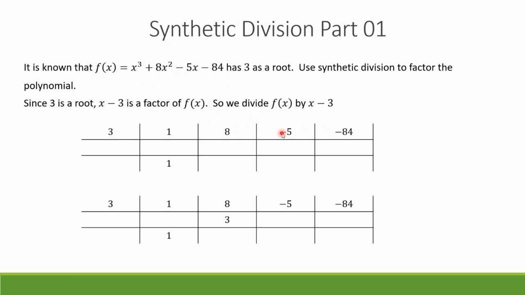All right. So for synthetic division, the 1 comes down. 3 times 1, that product, which is 3, goes here.